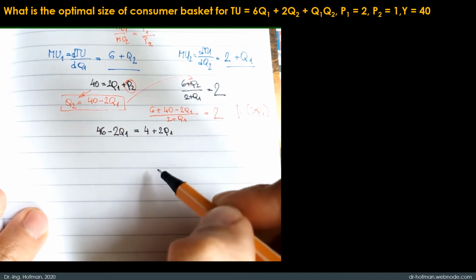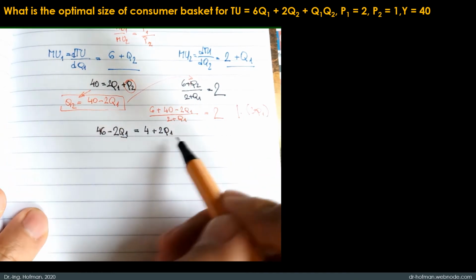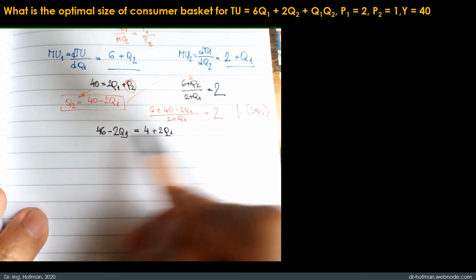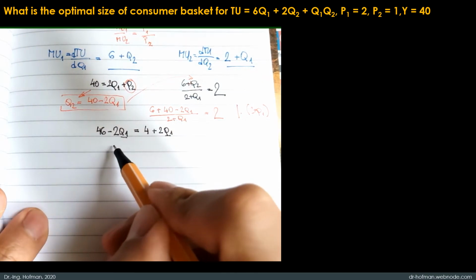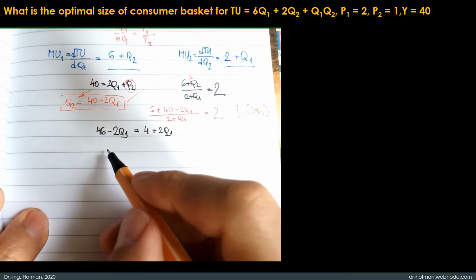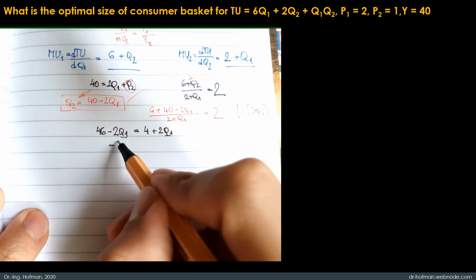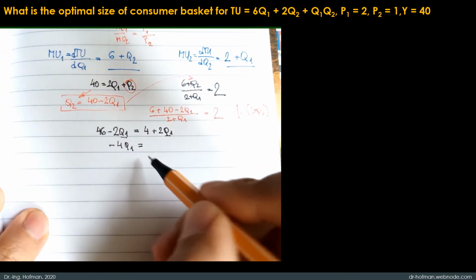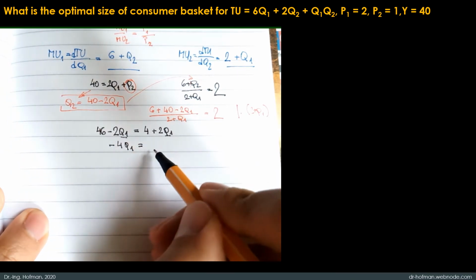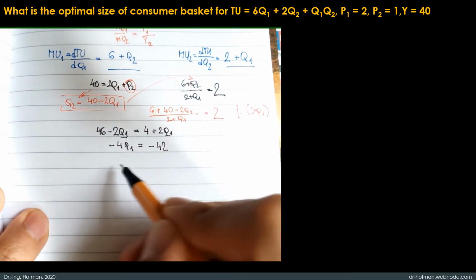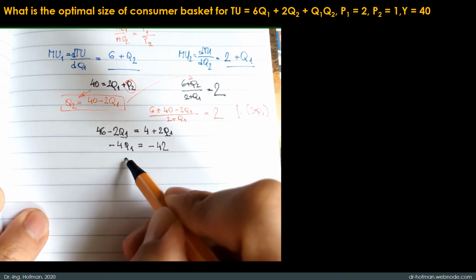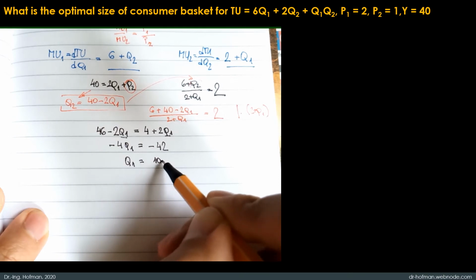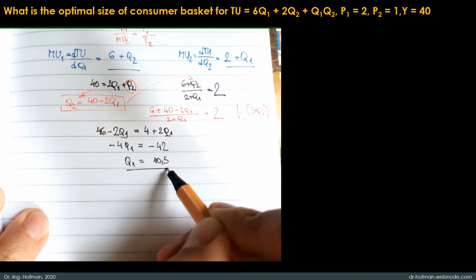Now all Q1s to the left and the rest of the numbers to the right. It means minus 4Q1 equals minus 42, thus Q1 equals 10.5.